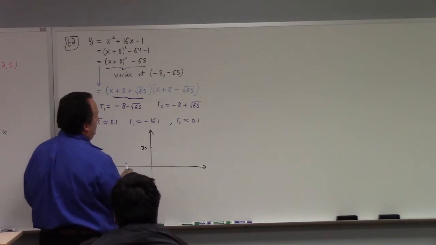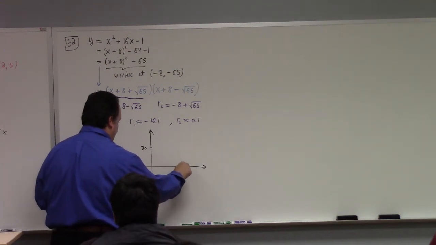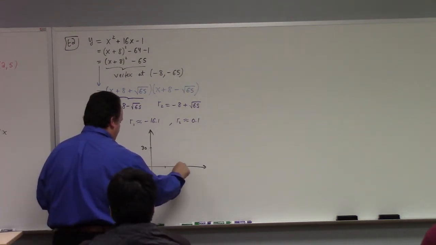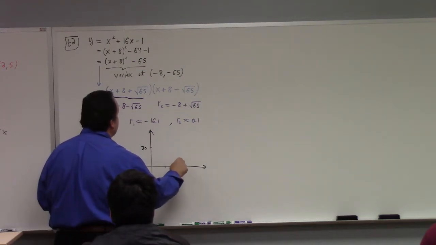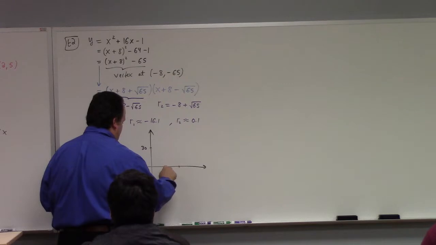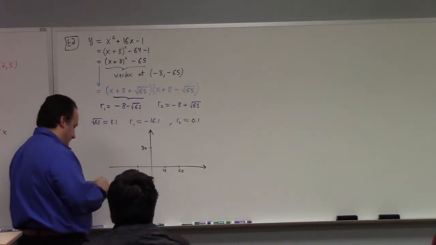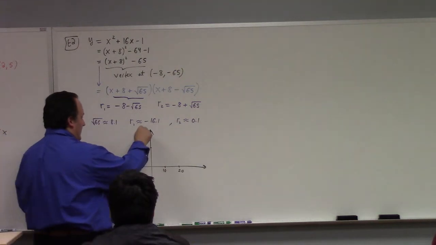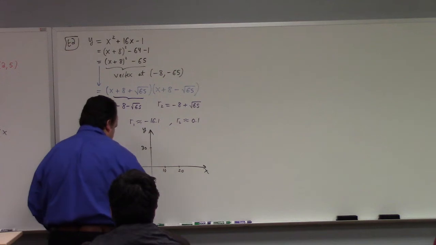All right, and then for the other scale, oh, sure, I can make it 10 and 20 if you'd like. Why not? All right, fine. I think my graph is big enough that I can tell the story I need to here.